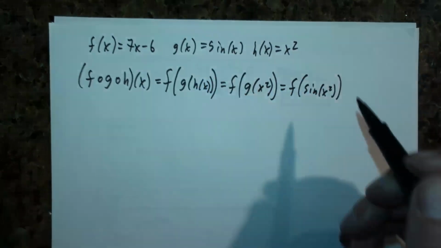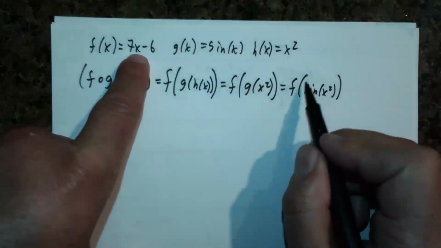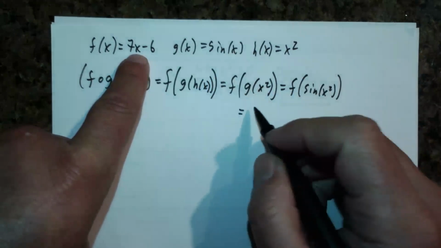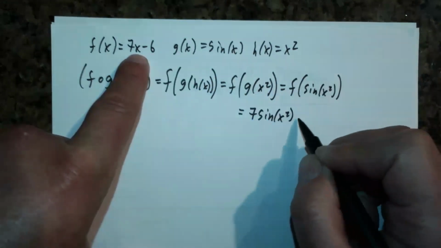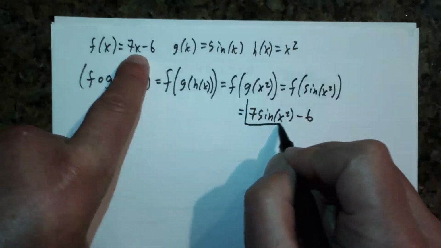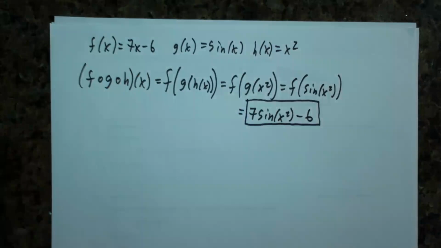And now what this means is that I'm going to take the function f, and where that x is there, I'm going to replace it with sine of x squared. And there it is.